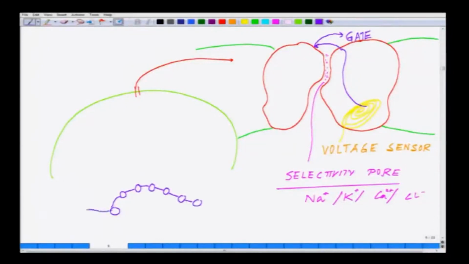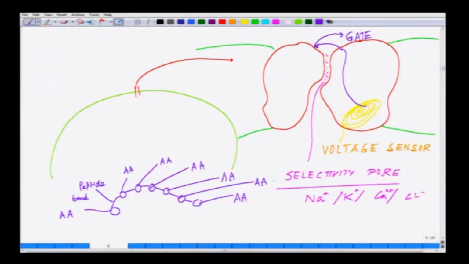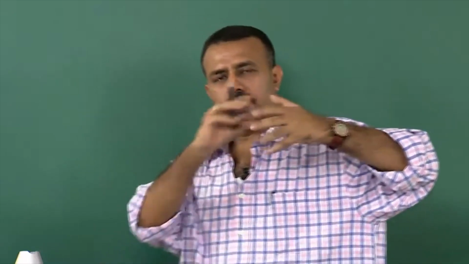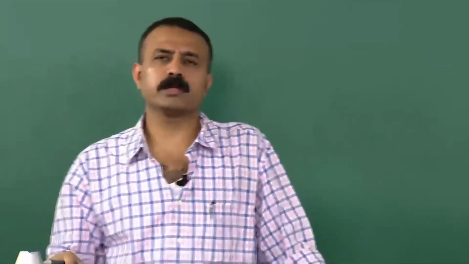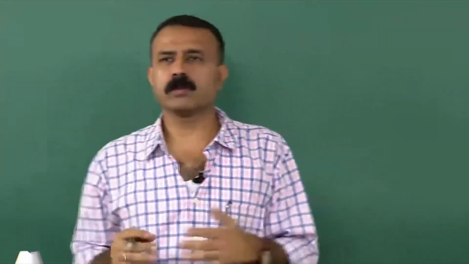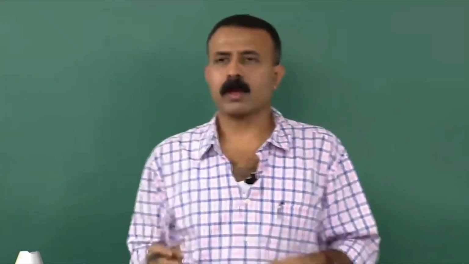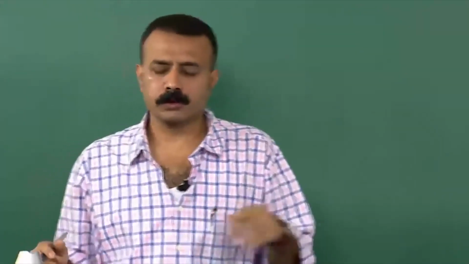These individual circles are the amino acids, AA, and this is the peptide bond which is attaching individual amino acids. So, these amino acids join together and form these three-dimensional geometries of large, huge proteins, which are 10,000, 15,000 amino acid structures. Okay. These are fairly huge.